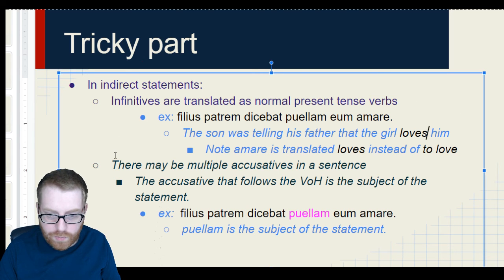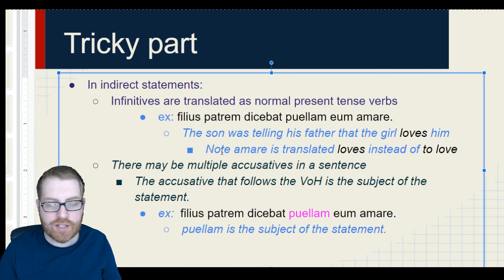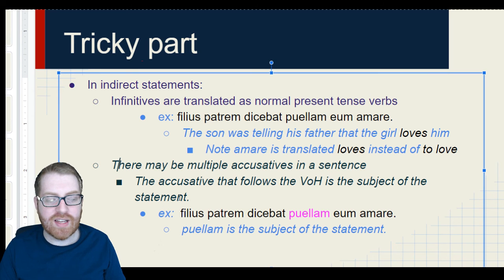All right? The other tricky part of this is that there are going to be multiple accusatives in a sentence now. It's just going to be what there is. So how you can tell which is the subject of the indirect statement is you're going to look for the accusative that comes directly after your verb of the head. So here we have filius patrem dicebat puellam eum amare. Same sentence as up here. All right. The only difference is puellam here.